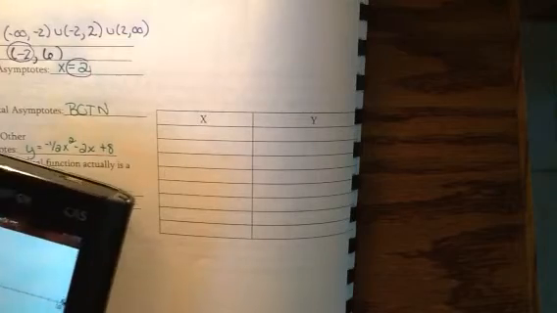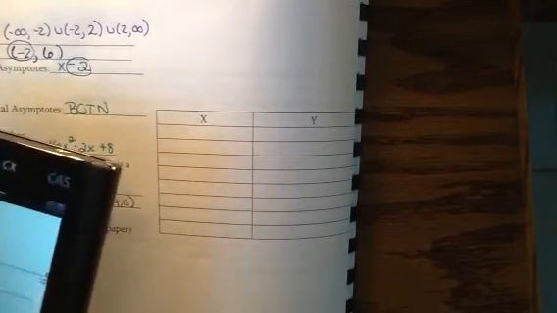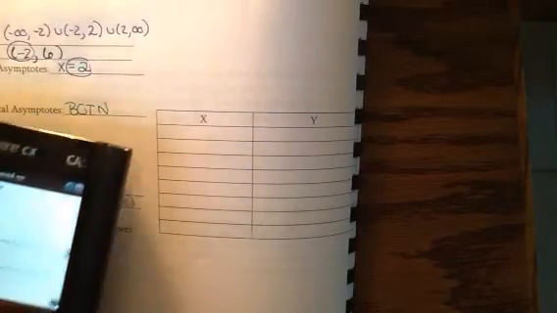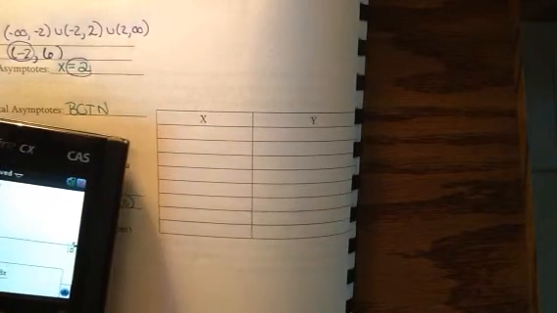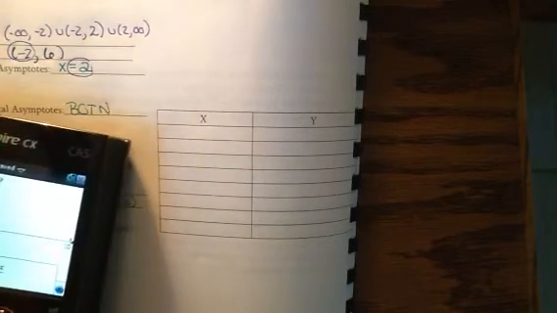So all I'm doing is typing my function into the graph and just double check. So I have negative x to the fourth minus 4x cubed plus 20x squared plus 48x. On the bottom I'm going to type 2x squared minus 8.